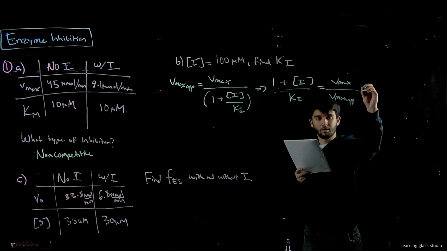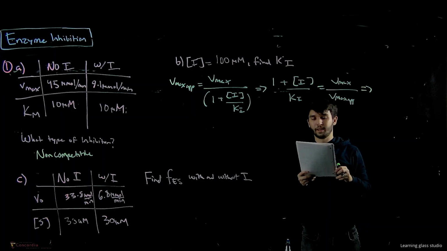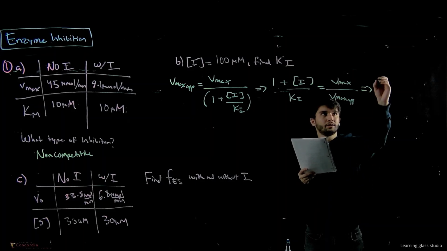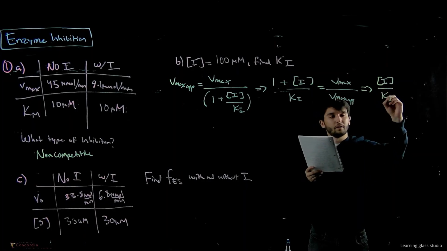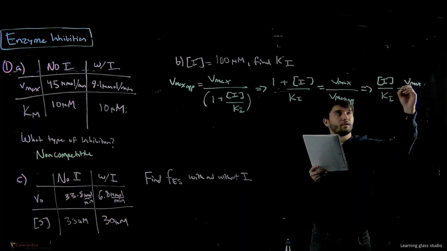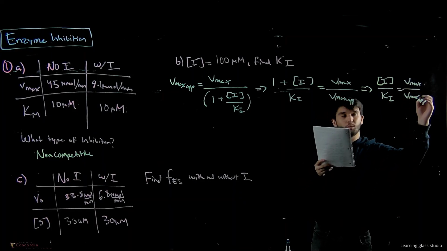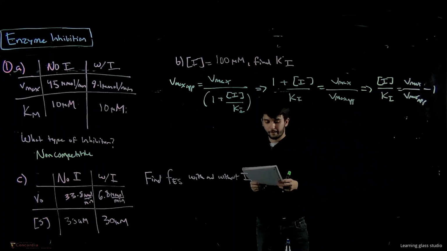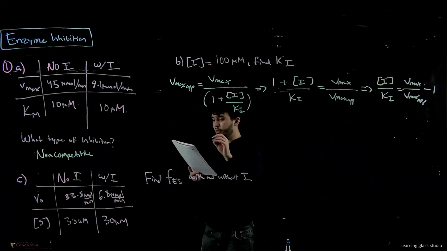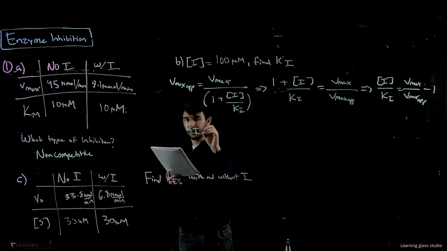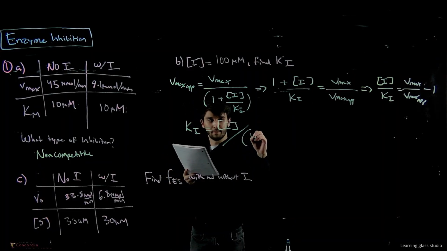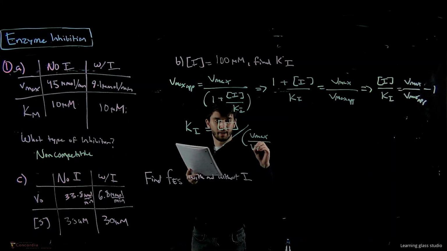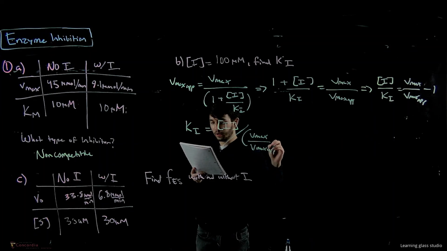And then from this, we can get inhibitor concentration over Ki is equal to Vmax over Vmax apparent minus 1, right? And then we can finally find that Ki is equal to the inhibitor concentration divided by Vmax over Vmax apparent minus 1.